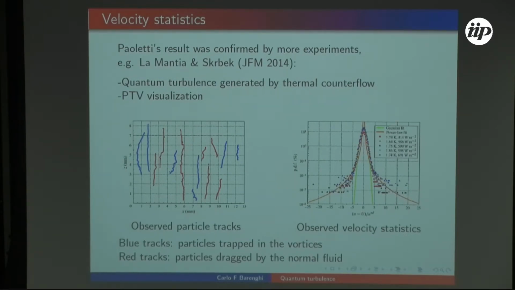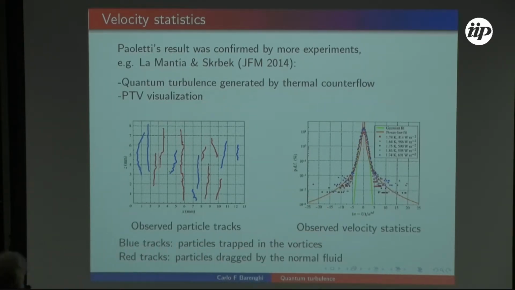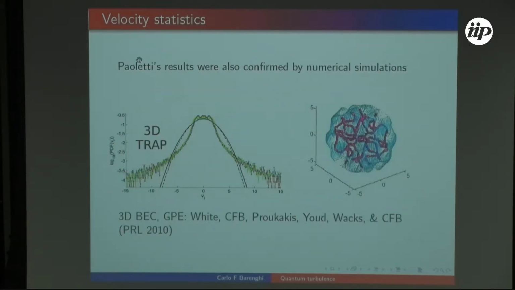Well, more measurements of this kind were done by other labs. You see here the trajectories of tracer particles. You see again these statistics in counterflow turbulence, and also numerics.